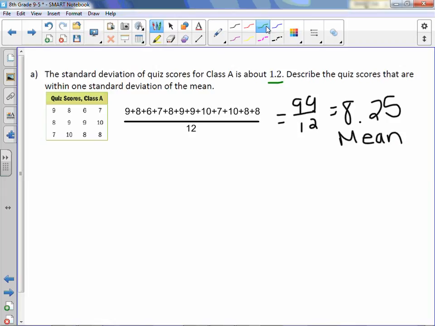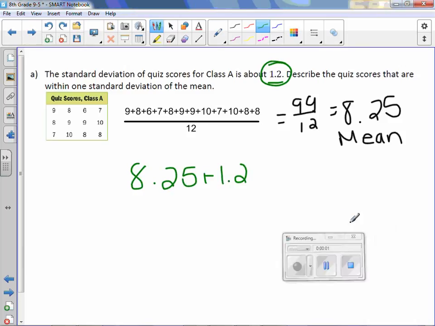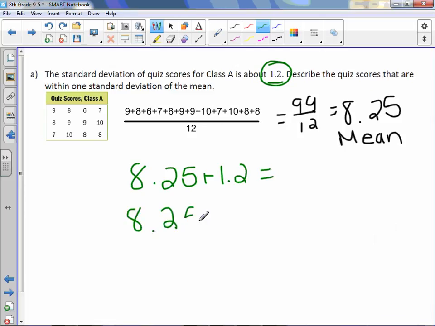All we need to do from here is take this 1.2, which is our standard deviation. We're going to add it to the mean, and we're going to subtract it from the mean. When we add them, we get 9.45.